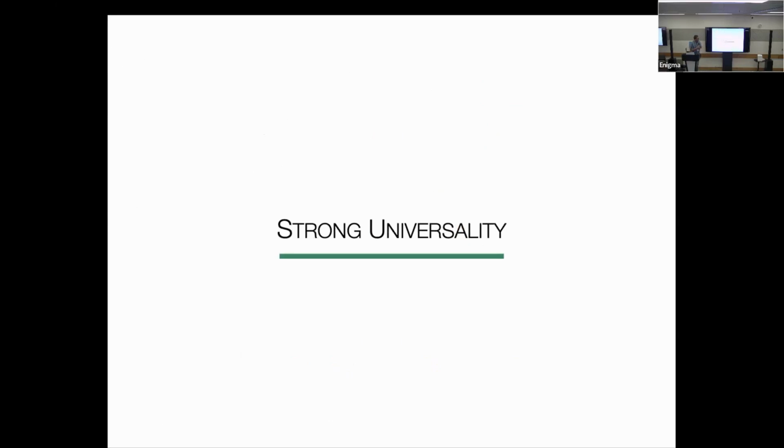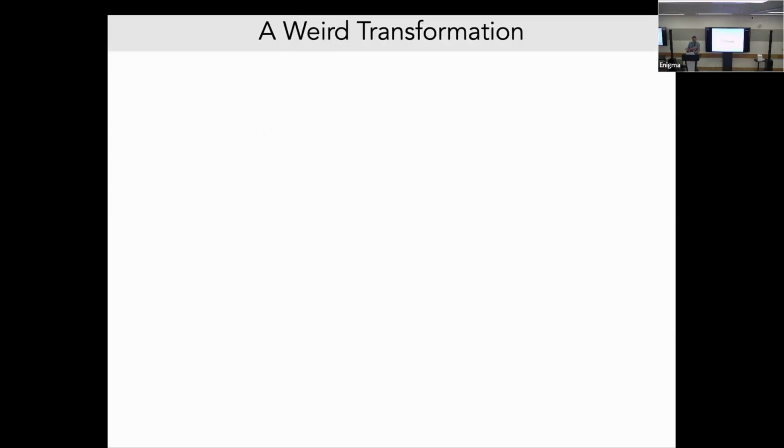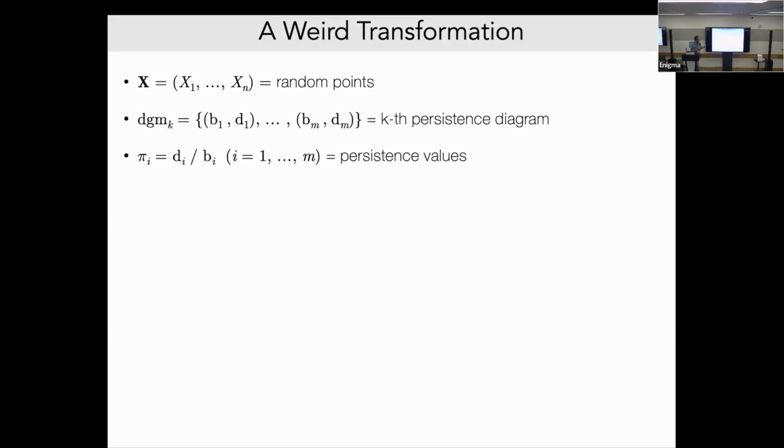Okay, so this is the story of weak universality, which, as I said, is mostly proven by now. And along our experiments, we ran into what we call strong universality, which is much more surprising, at least to us. And at this point, it's only at the level of conjecture. It starts with a little bit of a weird transformation that we do. Just to remind you, we start with a random point cloud.